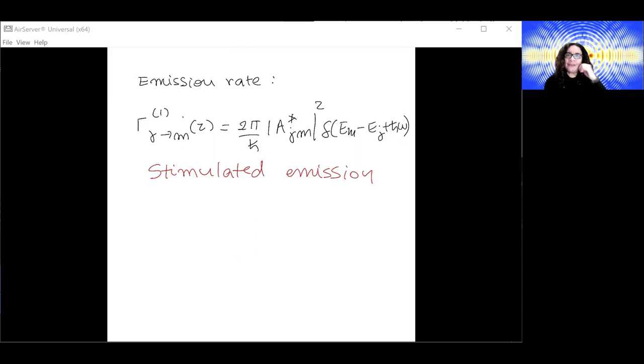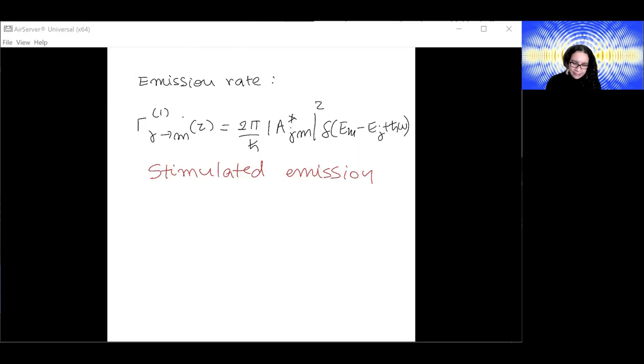So this field is stimulating this emission, is making it occur, because it is as if you add one photon more to a specific mode of your external electromagnetic field. Now, we are going to see that this specific emission rate can be written in a bit of a different way. And to do that, let's do the following.